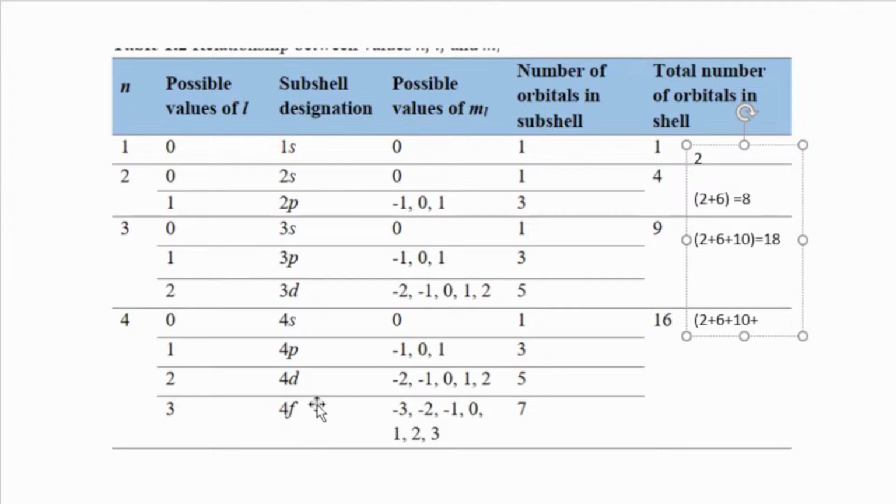For f orbitals, there are 7 orbitals in the f subshell, so there must be 14 electrons. So 32.